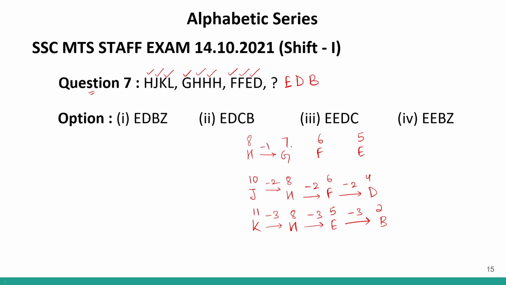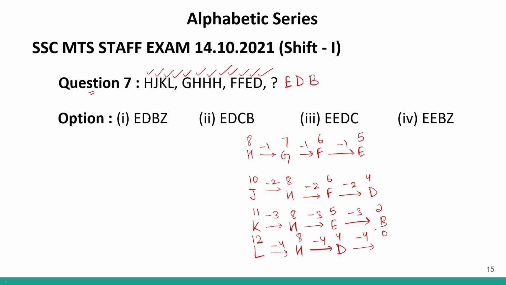Over here, the first one, if I find the pattern, this was minus 1. Correct? Now, if I look at the fourth one, L, H and D. L is 12, H is 8 and D is 4. So this is basically minus 4. This is basically minus 4. So minus 4 from D will give me 0.